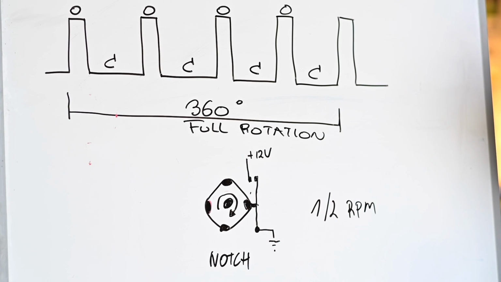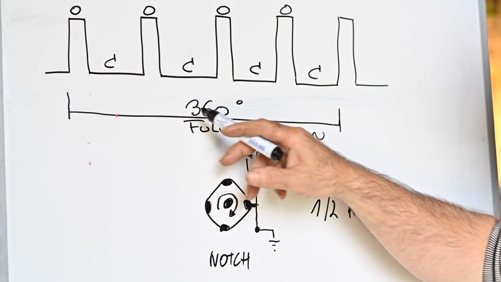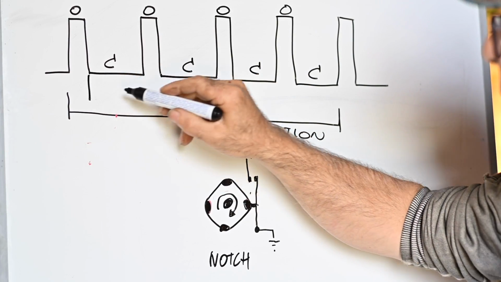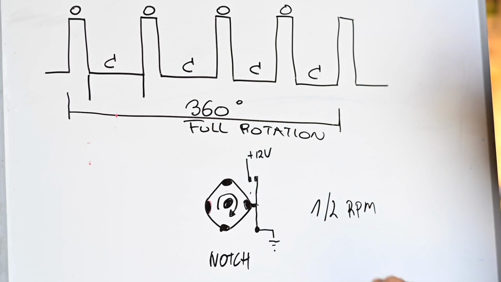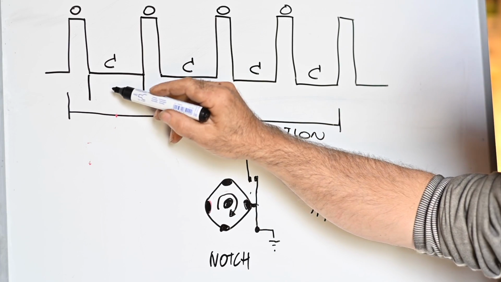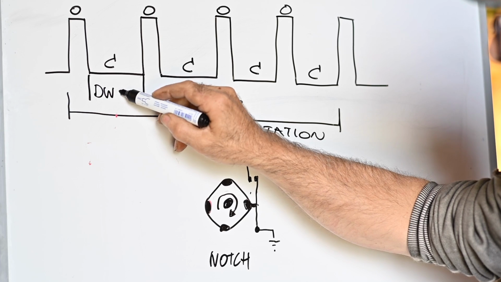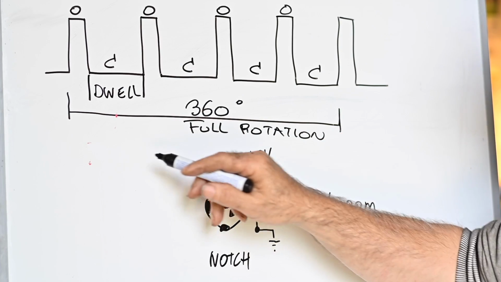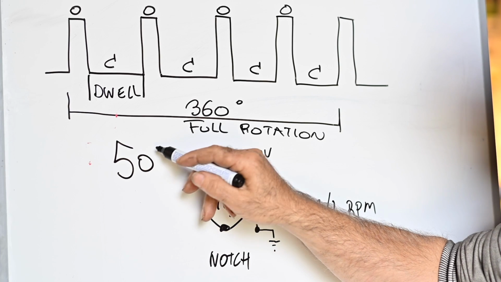While the notch is rotating, we can then say within 360 degrees, which is a full rotation, that the contacts will be closed for a certain amount of time. And that time is what we call the dwell angle. Now typically that is around 50 degrees.